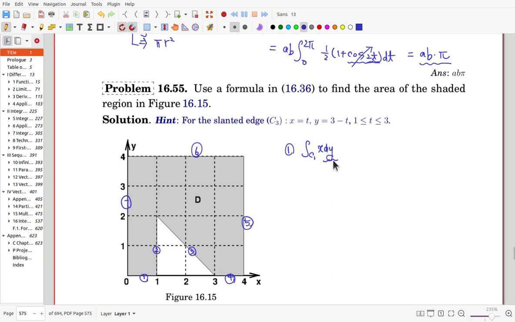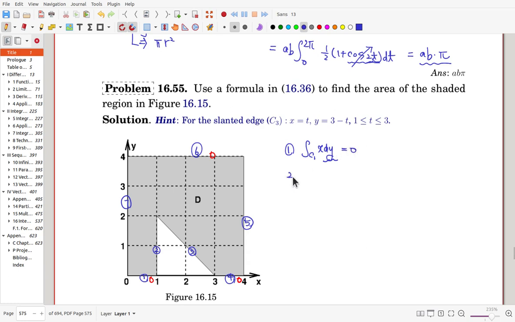So y prime is 0, and we have a 0 value over there. Immediately we can see this portion is 0, and that portion again 0, that portion again, the contribution is 0. So anyway, this is 0.